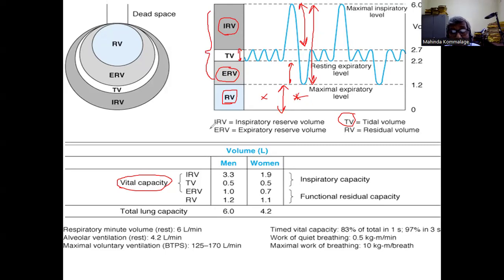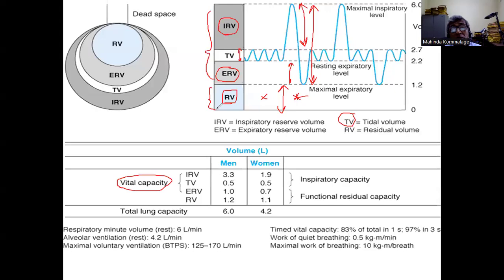Vital capacity is the maximum volume we can remove. We can empty this volume, but still this volume we cannot do anything about, and residual volume is there. So alveoli always contain residual volume, even with maximum effort.